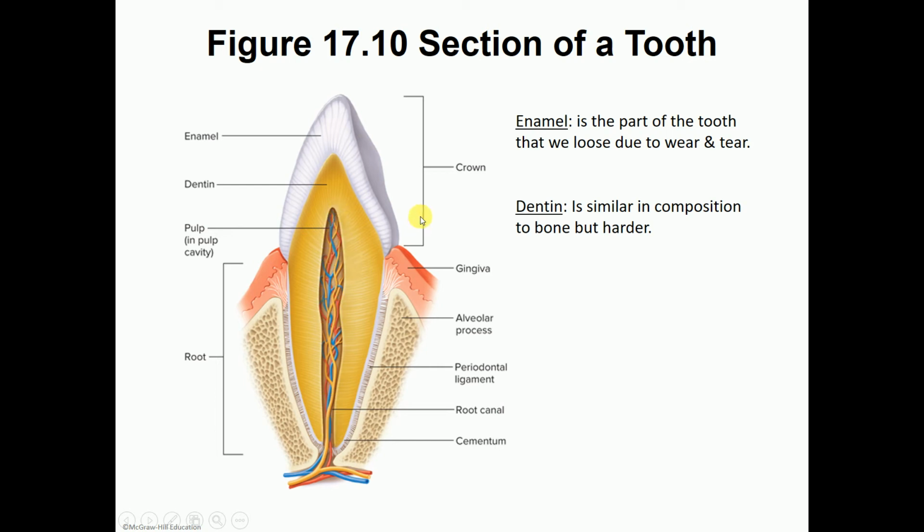When a cavity happens, it erodes the enamel, then the dentin, and if it reaches all the way into the pulp or the pulp cavity, this is when these nerves are going to be stimulated, and that is why eating or drinking something that is really cold or too hot will start to become painful.